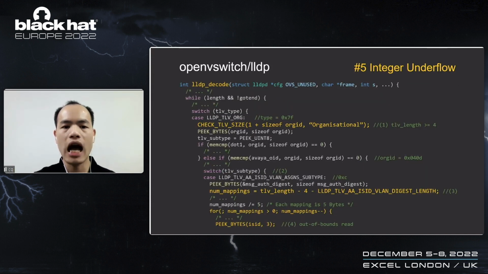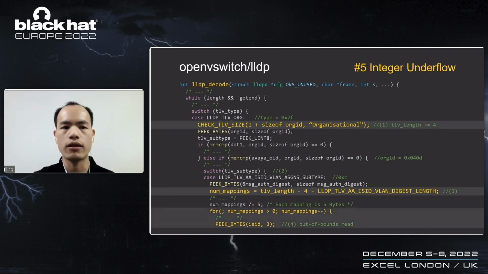Besides those vulnerabilities coming from the LLDPD project, its custom changes also introduce extra vulnerabilities. Take the following code as an example. In the LLDP decode function, if the TLV type equals 7F, the routine will reach 1, where the TLV length is validated. Then, if the OUI equals 040D and the TLV subtype equals C, then at 3, 36 will be subtracted from the TLV length, and the result will be assigned to the variable num_mappings, which will be used to control the loop condition later.